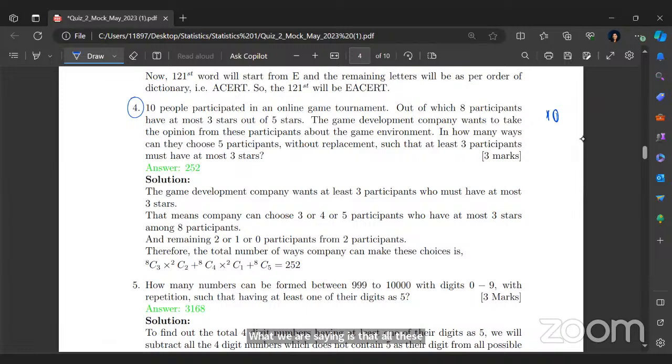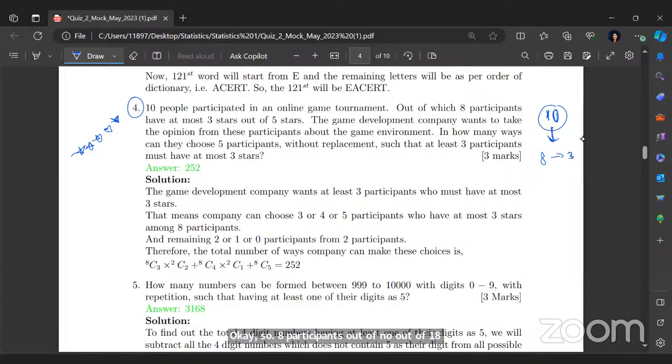Let's say there are 5 stars: 1, 2, 3, 4, 5. Out of these 10 people, 8 participants have at most a 3 rating out of 5.